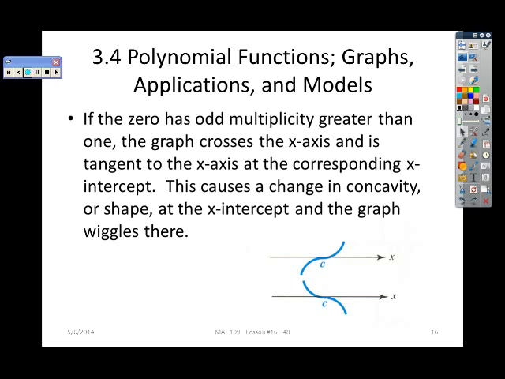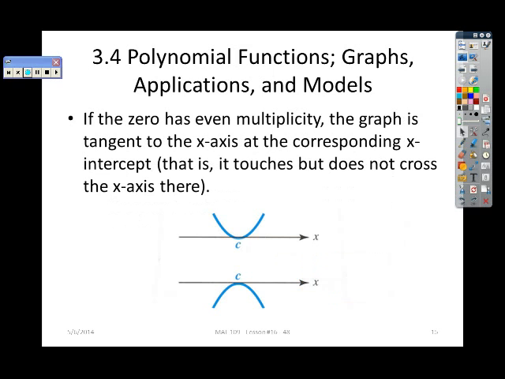If you're going down, it flattens out at the point it crosses, and then starts back down again. So an odd multiplicity crosses the x-axis with a point of tangency, but it does go across. Even multiplicity does not cross. Odd multiplicity does.